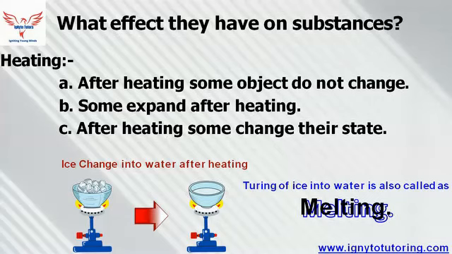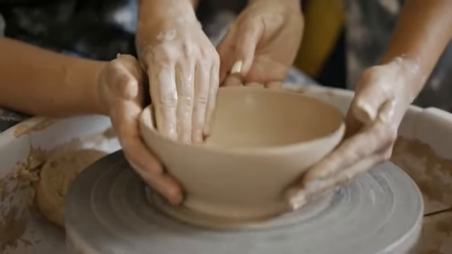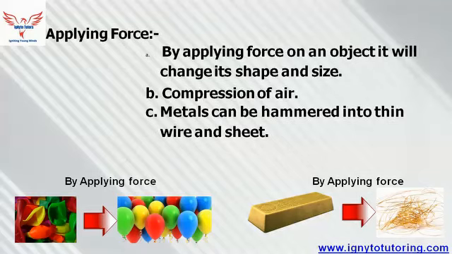Now let's learn about applying force on a substance. By applying force on an object, it will change its shape and size. We can see gold, which can change its shape and size, or change its deformation, when we apply force on it.